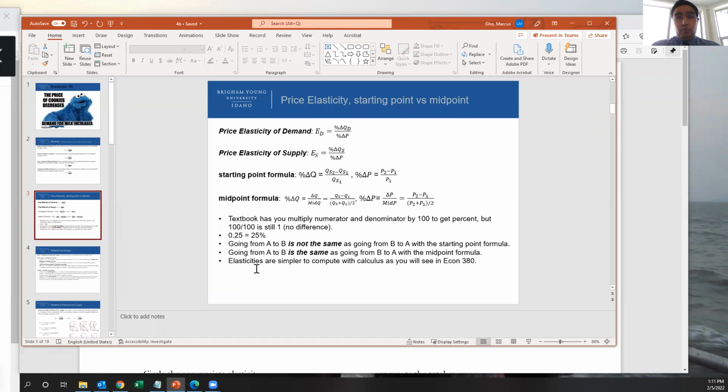When you use the starting point formula, remember that going from A to B is not the same as going from B to A. The midpoint formula will be the same either way. And these will be a little bit easier to compute, and when you get to Econ 380 you'll get to use calculus, which will be a little bit more precise. But this is a fundamental class, so we're just doing algebra. Okay, there's our discussion about the formulas.